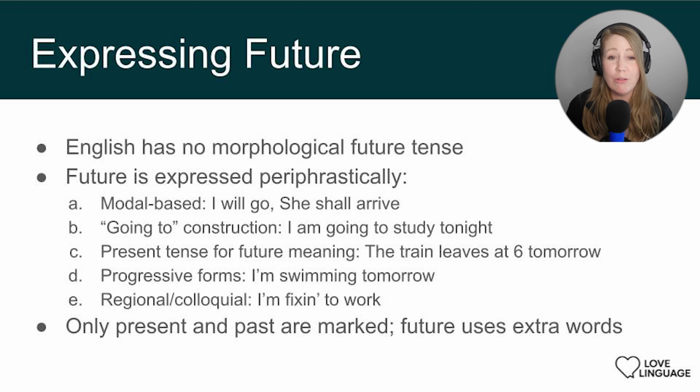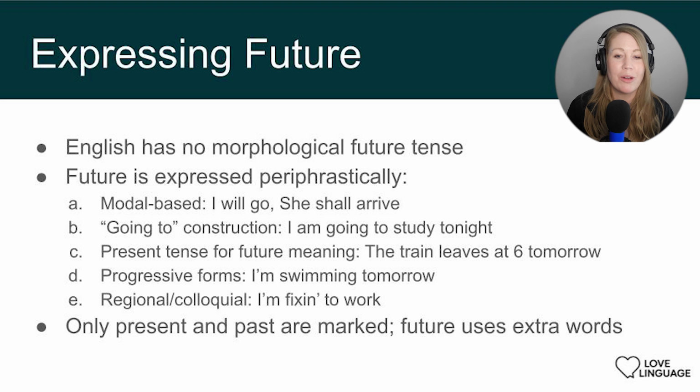Instead, we express future time in different ways. First, we use modals. I will go, she shall drive. Second, we can use the going to construction. I am going to study tonight. Third, we can use the present tense with future meaning. The train leaves at 6 tomorrow.